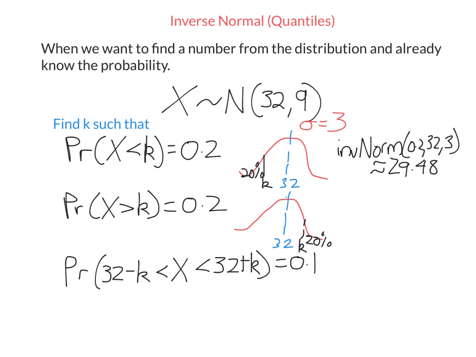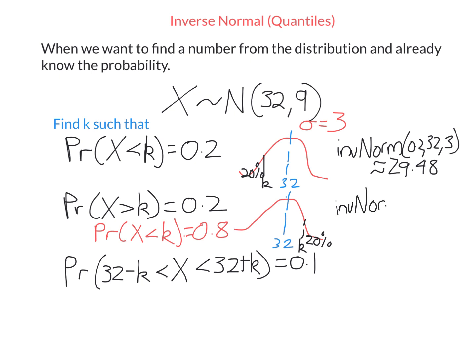We want to find K so that 20% of scores are above it. Now this inverse normal can only solve problems like this, where the probability of being less than that value is known. So if the probability of being above K is 0.2, that means the probability in this question of being less than K is 0.8. So we're going to have to put 0.8 into this function inverse normal because it only calculates when you want to be less than a certain value.